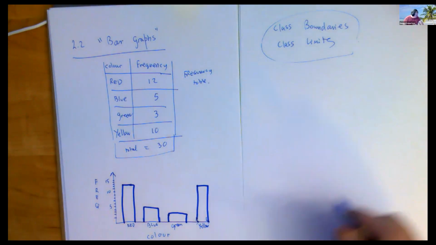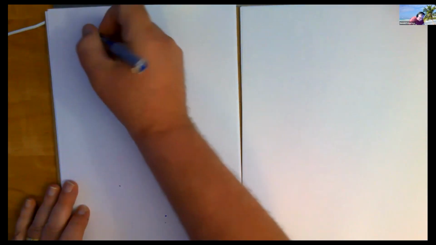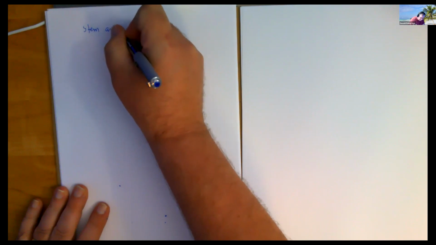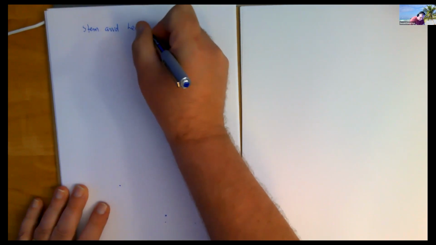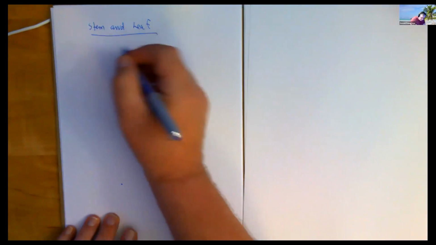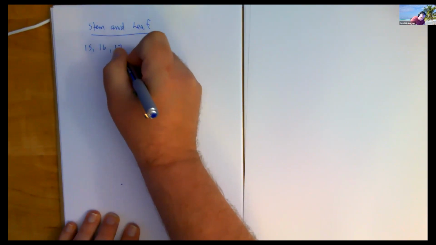It's a visual diagram based on how to take your data and draw a relatively quick picture of it. And these pictures are called stem and leaf. So let's suppose I've got a whole load of data, and I'll put the data in order just to make my life easier, but it might not always be in order.